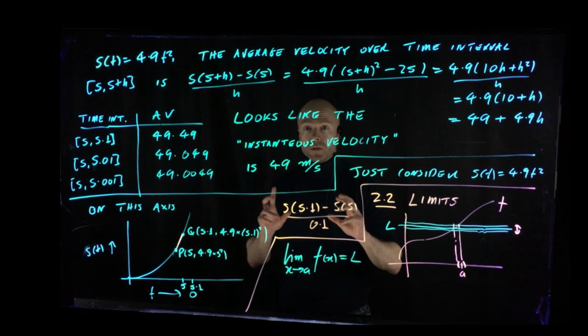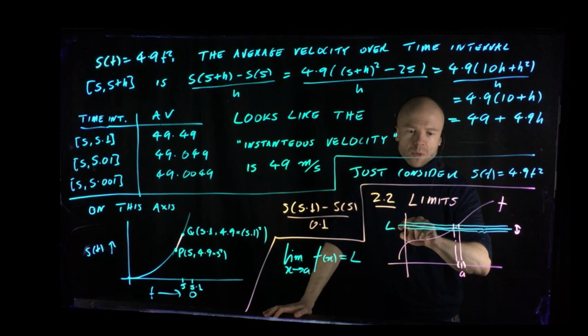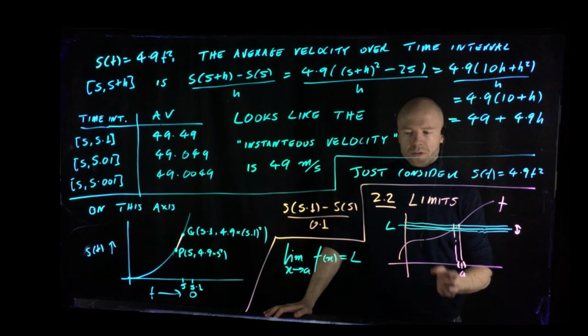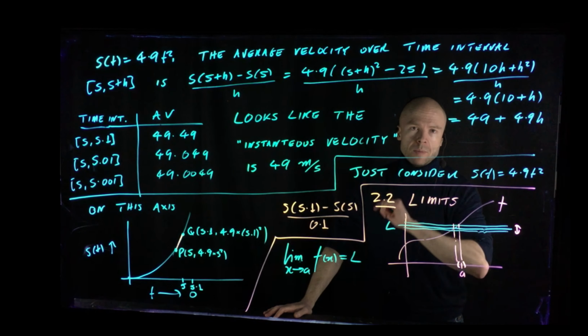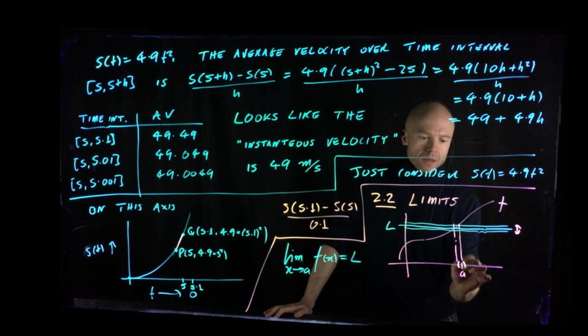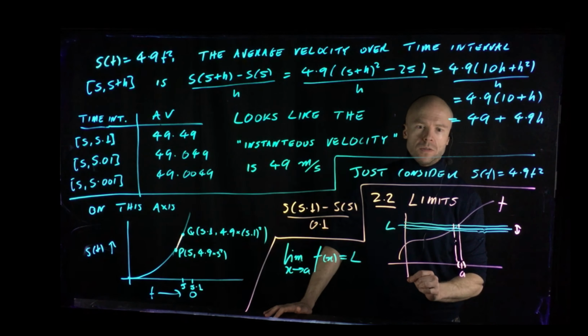And we're going to write this as the limit. And what does it mean? It means the following. It means we can guarantee that the function f gets arbitrarily close to the number L as we choose x to be inside a very small neighborhood of A that we have the right to choose.